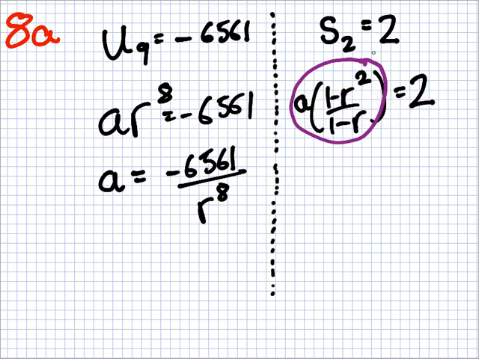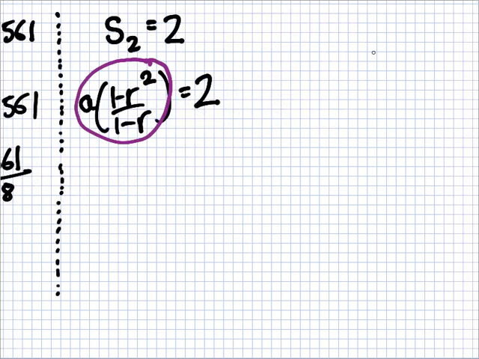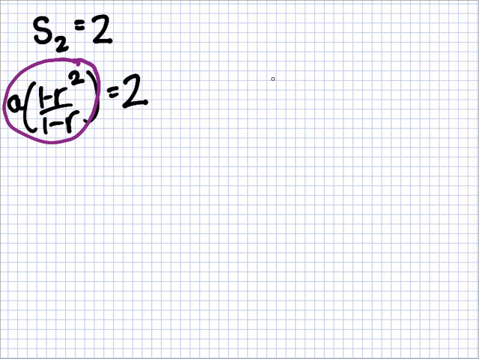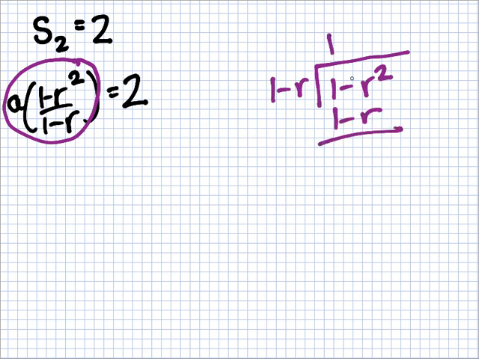So I want to simplify 1 minus r squared divided by 1 minus r. What number should I have here first? 1. And then I'll get 1 minus r. And when I subtract, these cancel. And then minus r squared, so that's r minus r squared in the end, because I'm subtracting these.